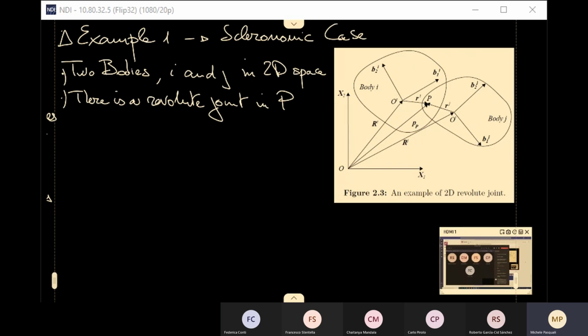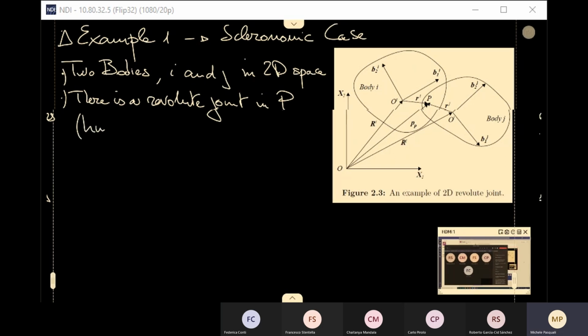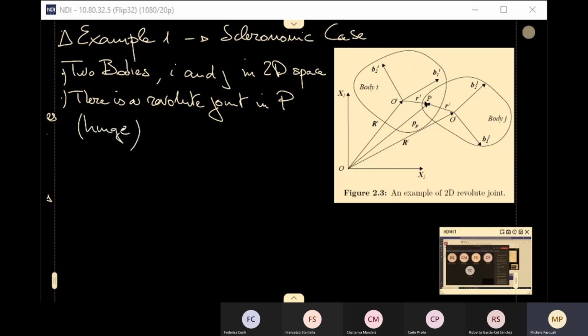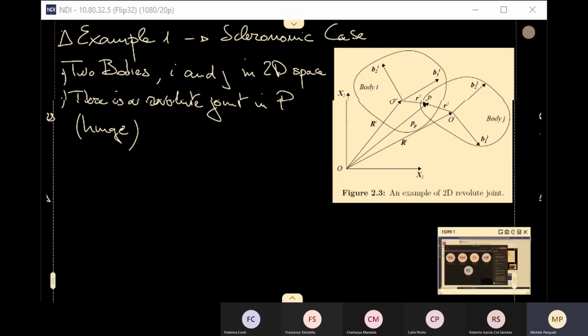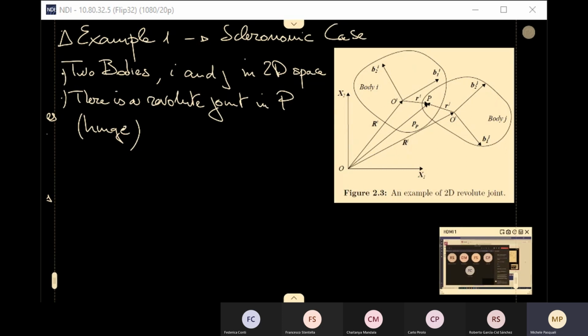So it's a hinge. So the question now is, how do we enforce such a constraint that the body I and J should be connected through a hinge in P? So this is a hinge, as I was saying.